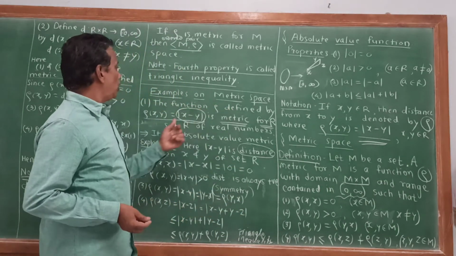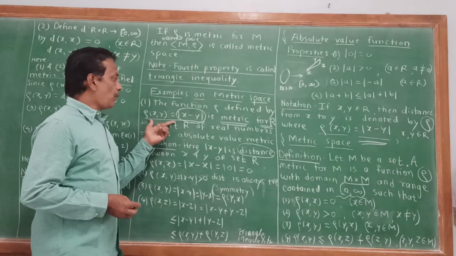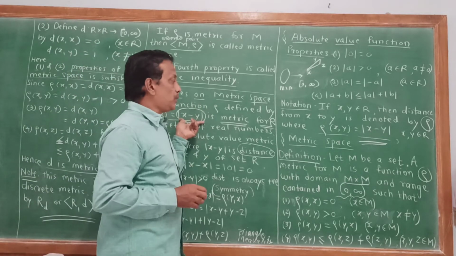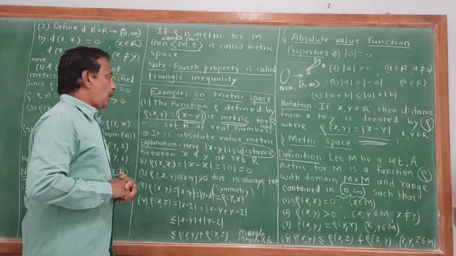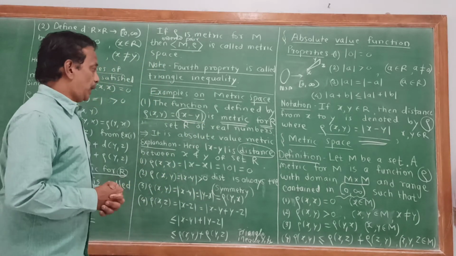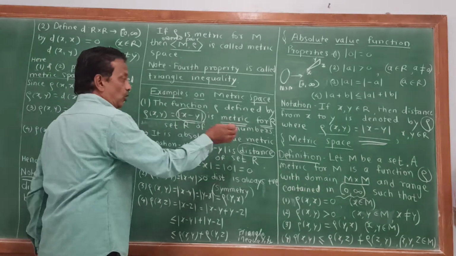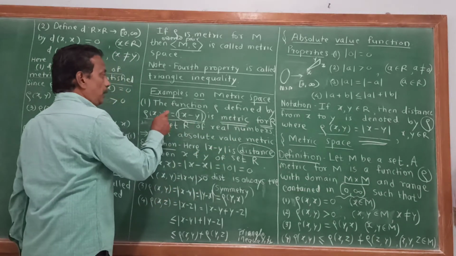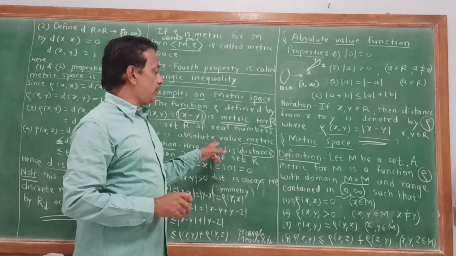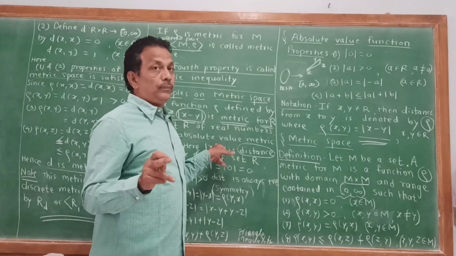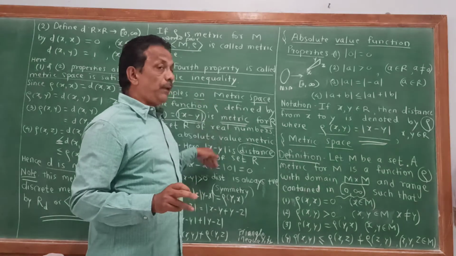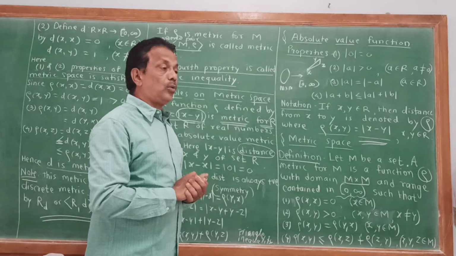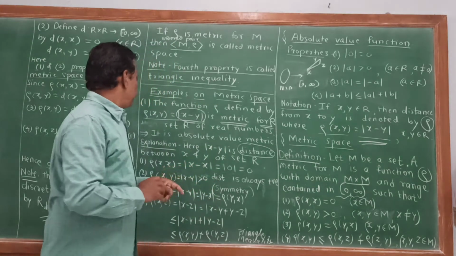The function rho defined by rho of x y is equal to mod x minus y is a metric for R. How can we show it is a metric? R is the set of real numbers, and if it is a metric, then we call it the absolute value metric, because this is the distance metric. This example is totally related to the absolute value metric.